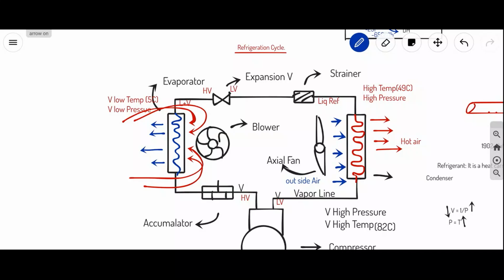How dehumidification is achieved here? Any सोचो, I'll give time 1 minute. सोचो, कुछ भी मिल सकता है आंसर आपको.